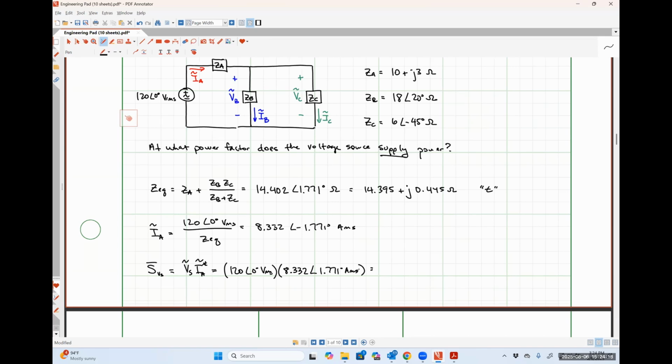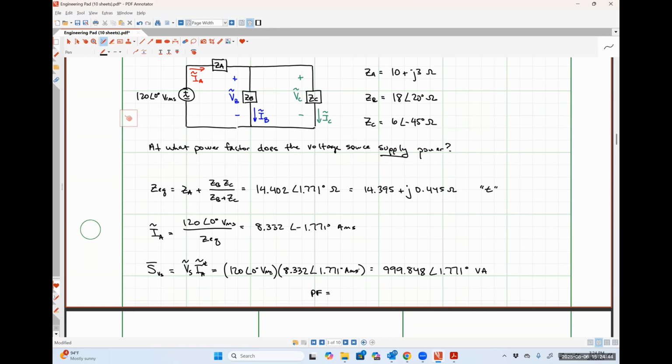And so when I multiply that together, I get 999.848 with an angle of 1.771 degrees volt amperes.